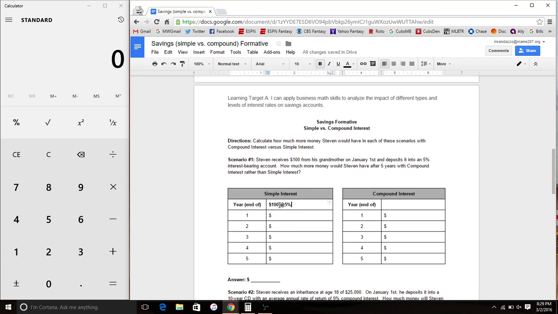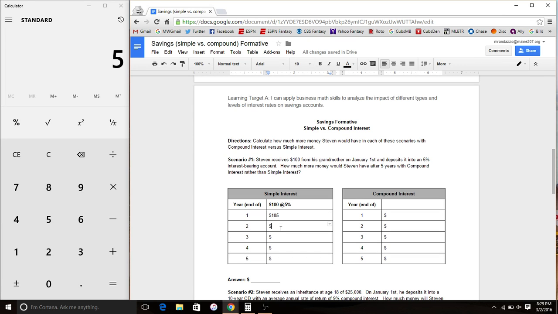So we'll start with the simple. After the first year, $100 times, remember 5% is 0.05. You have to move the decimal over two spaces. So $5, that means you made $5 extra. So after year one, you started with 100, you made $5 more, so now you have $105. Now you don't put any more money in there.